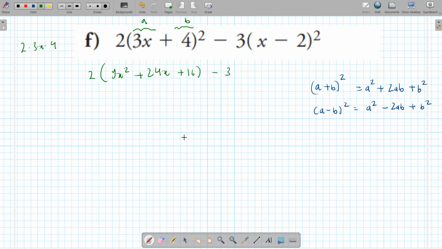Minus 3. I'm going to use the same formula here, but with a negative sign. This is a, this is b. What's a squared in this case? X squared. What's the next term?